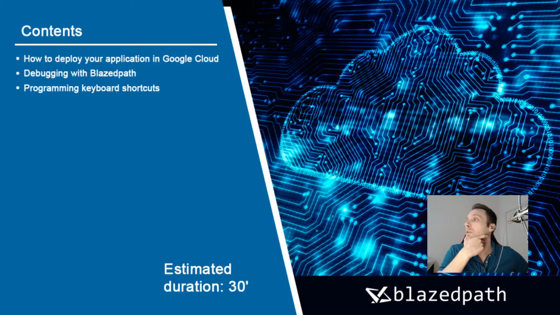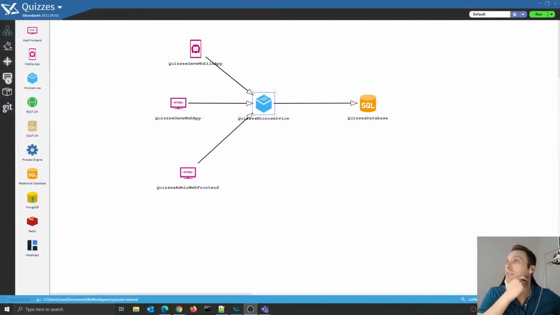I'm going to jump over to my desktop, and we are going to be using our lovely quizzes application. Remember, this application is on a playlist as a tutorial built from scratch. If you want to follow along on how to build this application, there's the full tutorial in the channel.